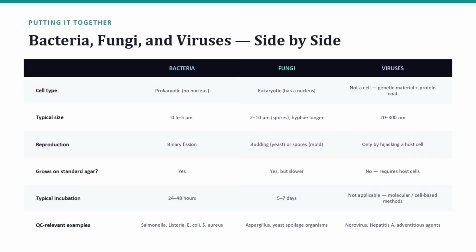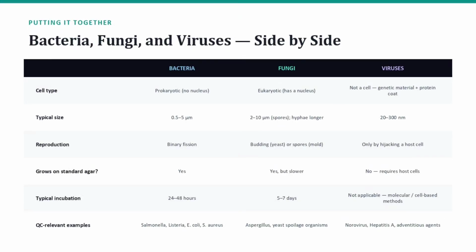Does it grow on standard agar? Yes, for bacteria. Yes, but slower for fungi, and no for viruses, which require host cells instead. Typical incubation: 24 to 48 hours for bacteria, 5 to 7 days for fungi, and not applicable for viruses since they need molecular or cell-based methods rather than incubation on a plate at all.